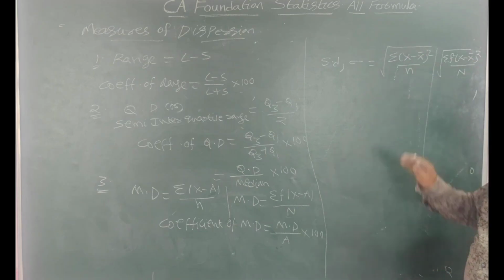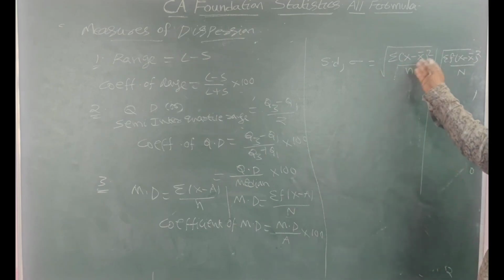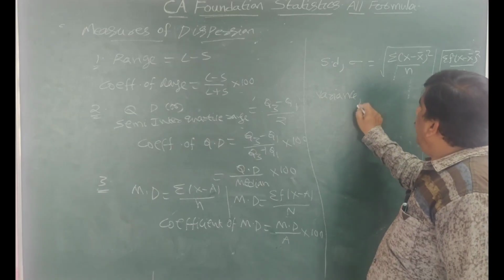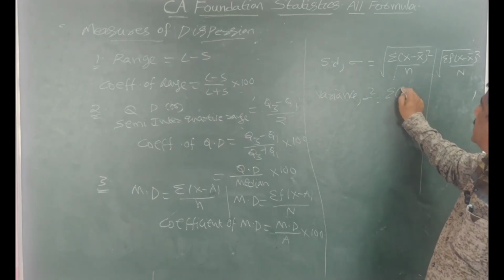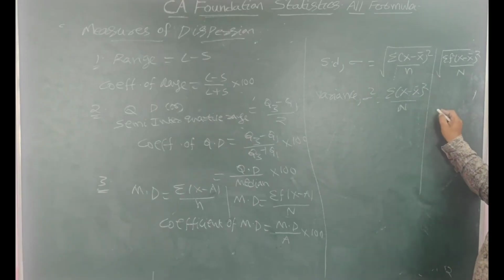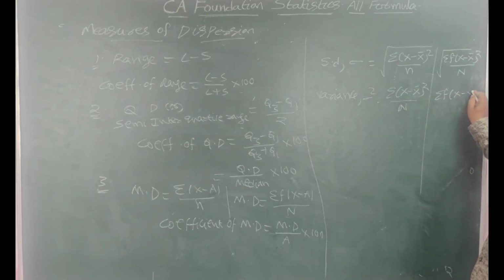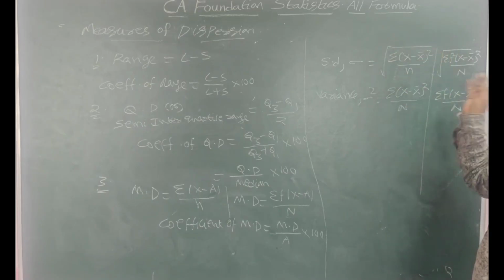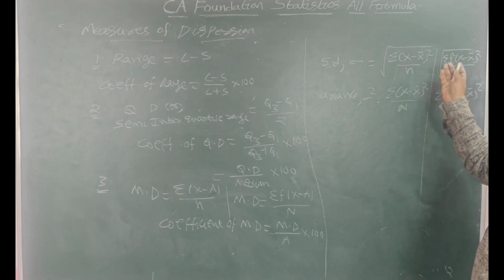If it is variance, remove the root: sigma square. So what will be the formula for variance? Sigma square is summation x minus x bar whole square by capital N, or if it is frequencies, discrete or continuous, summation f into x minus x bar whole square by capital N. This is variance. You can use another formula also for standard deviation; this one is the direct formula.